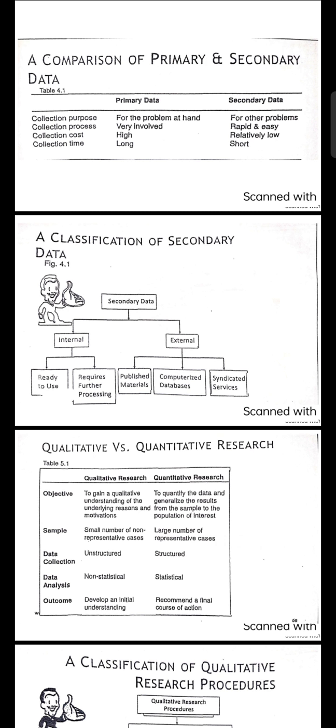Secondary data is data already submitted to the land office and updated there. So it's secondary data. It's easy to get, rapid and easy, because you just get it from the land office, or I think from Jabatan Penilaian.